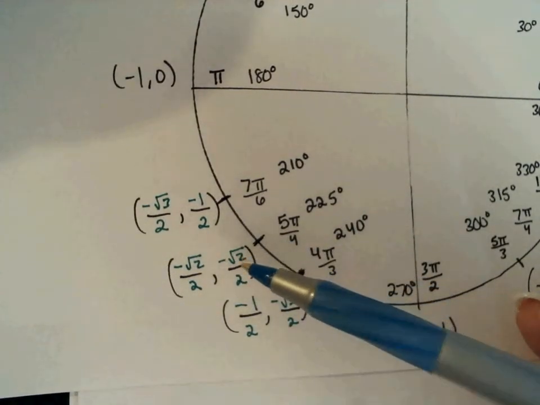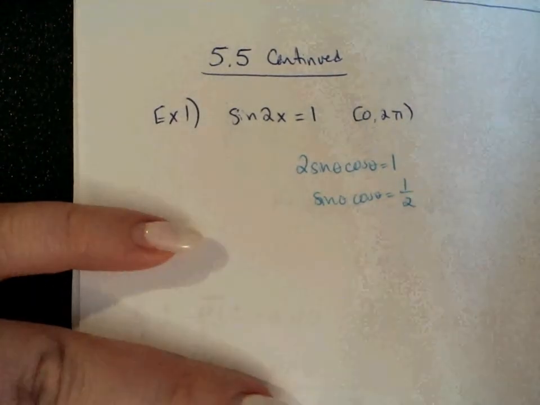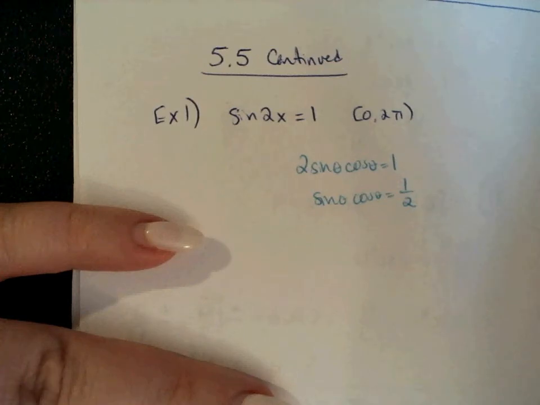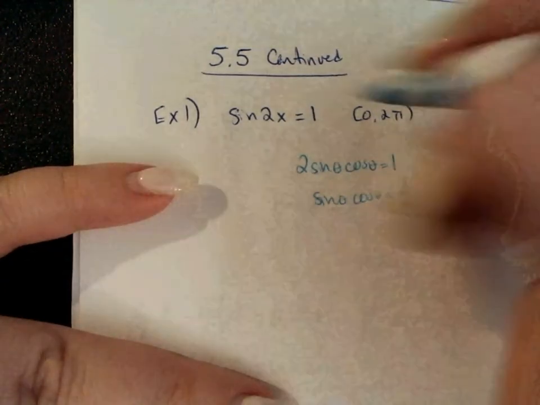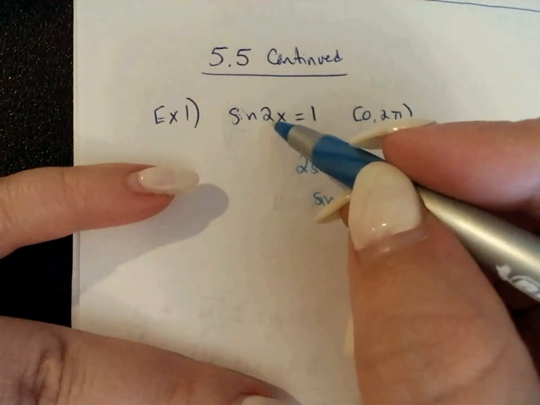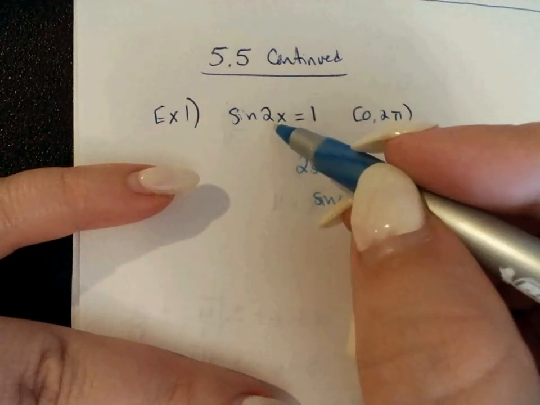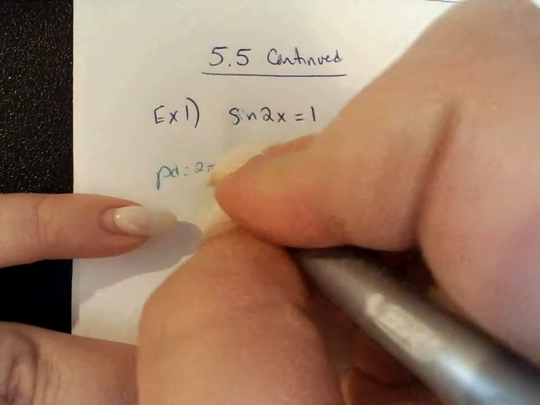And you can also see that when you look at the graph. I don't know if I want to graph that. Yeah, I might as well. So when you think about sine of 2x, that's a horizontal compression by a factor of 1/2. Remember, we've got a 2 in the interior, or you can think period equals 2 pi divided by b, which is 2, so the period is pi.